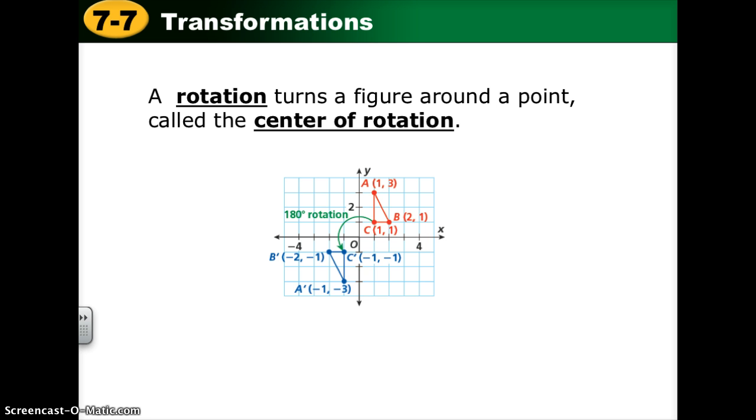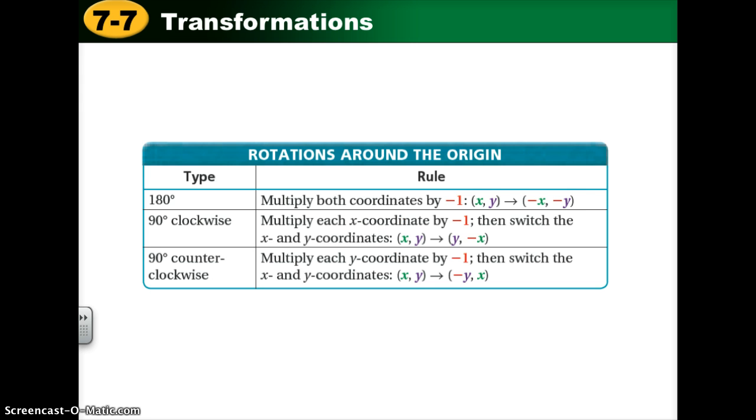Lastly, we have rotations. Rotation turns a figure around a point called the center of rotation. So now our shape is going to not just flip, but move in a clockwise or counterclockwise direction. We have 3 rules for this. 180 degrees, it does not matter if you go clockwise or counterclockwise because you'll end up in the same spot.